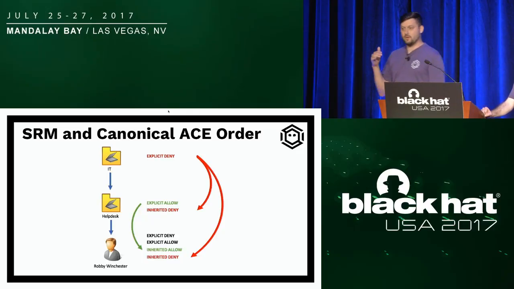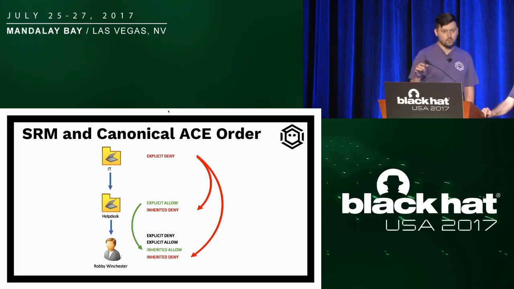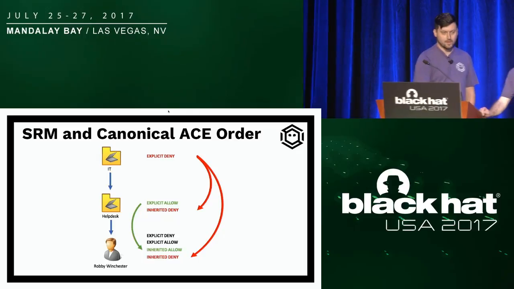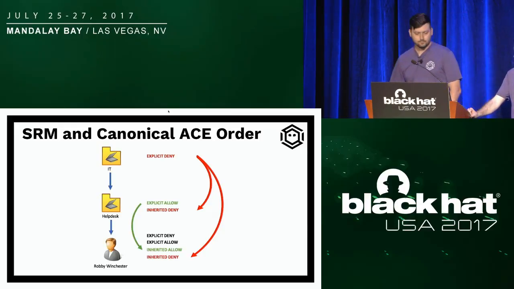Finally, if we define explicit ACEs, those also override inherited ACEs. So what you wind up with is on the Robbie Winchester user, at the very top, we have explicit deny. That will override anything else, with the exception of the object owner, which maintains full control. Then the explicit allow, then the inherited allow, and then finally the inherited deny.